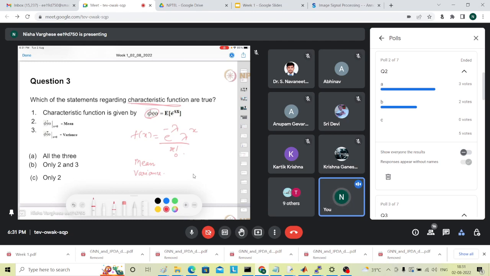The characteristic function is given by phi of s equal to expectation of e raised to minus sx. Its mean is found after taking the first derivative of phi of s and setting s equal to 0. The third statement is that after finding the second derivative and setting s equal to 0, that will give variance. These are three statements, and you have to select which of the statements are correct.